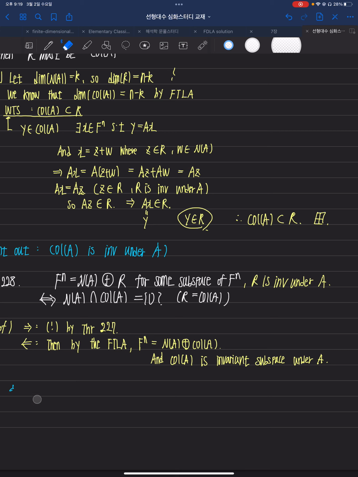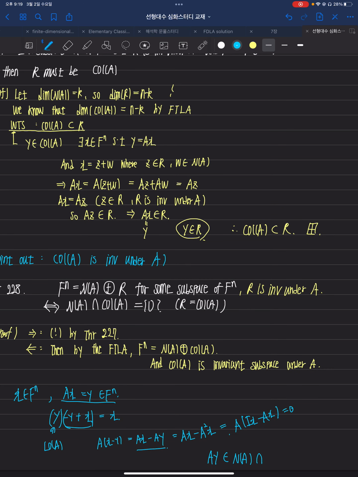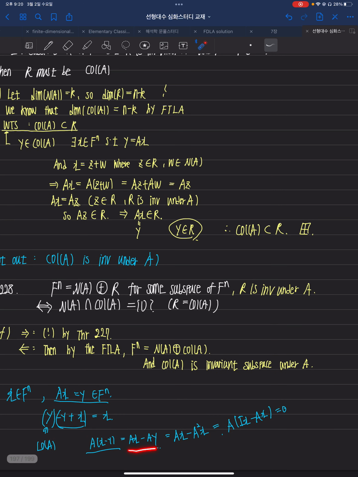원래는 불가능해요. 지금 Ax-y가 이런 상태이고, 제가 보고 싶은 게 이거예요. 이걸 이용해서 결국 이게 0인 걸 보여야 한다는 거죠.